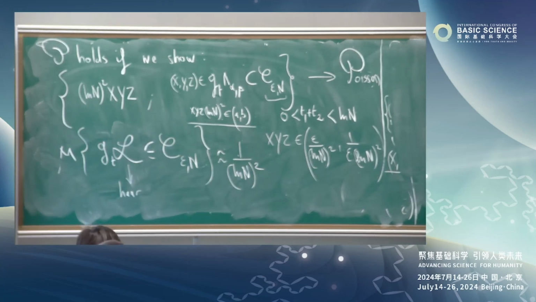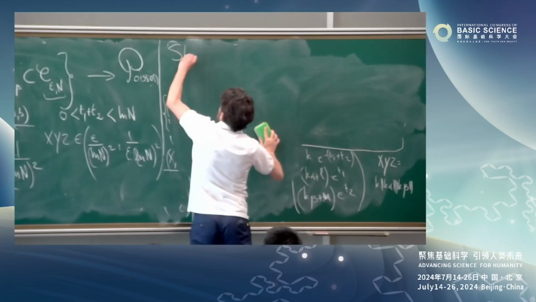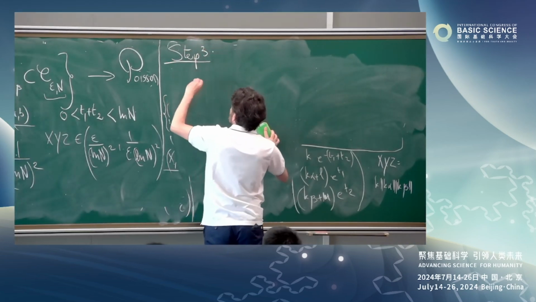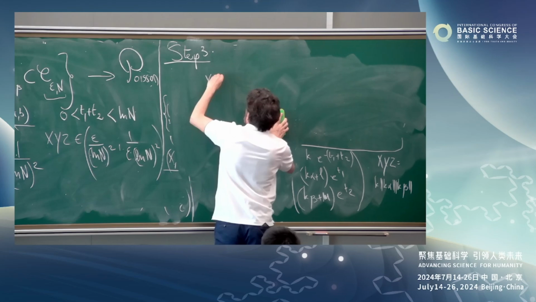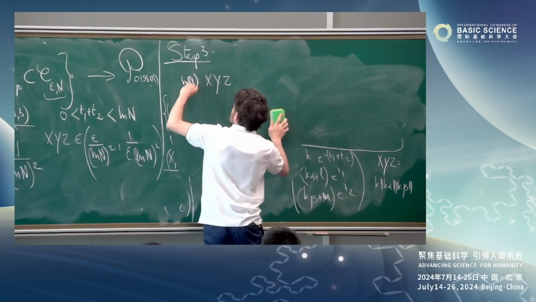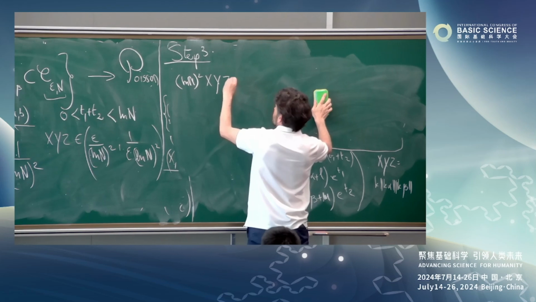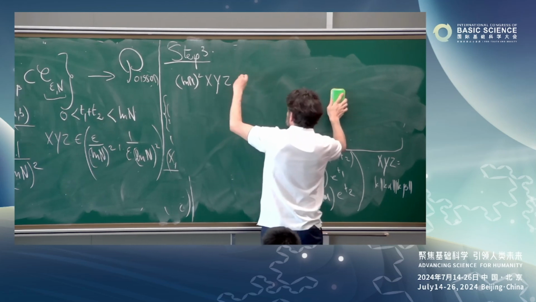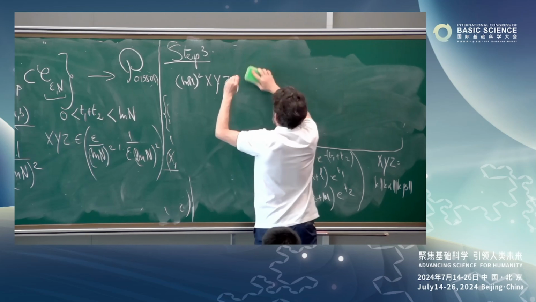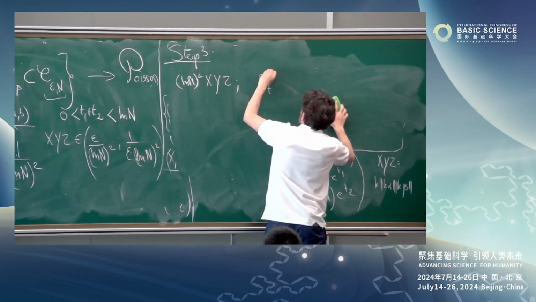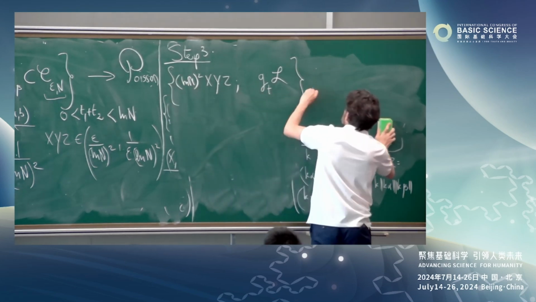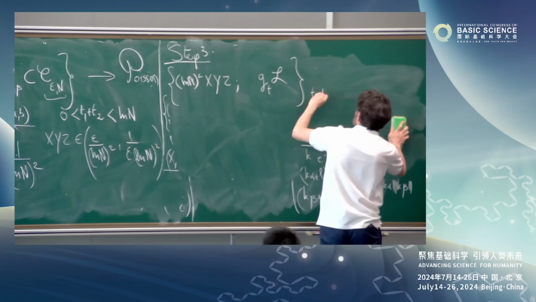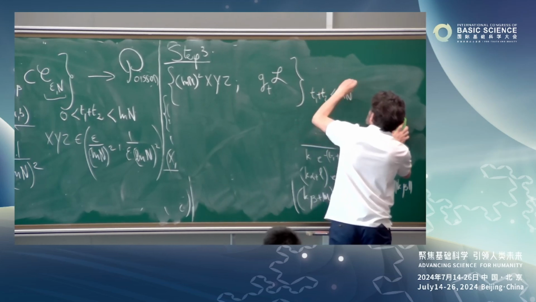Now, you say, okay, so I can erase this. So now you say, step 3, you want to show that this thing here, x, y, z log n squared, when x is from g_t of L and T1 plus T2 less than log n, converges to Poisson.